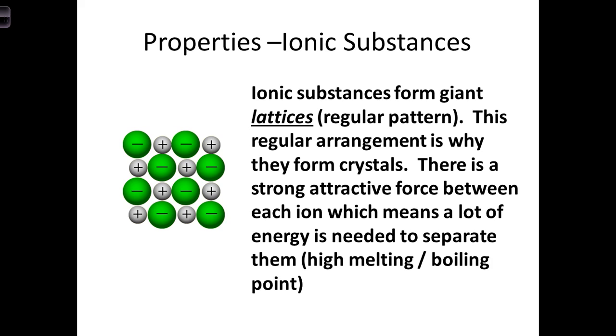They're very happy being surrounded by members of the opposite charge. If they started sliding past each other, sometimes two positives or two negative ions would come closer together, and there's a force repelling them, while they're very much attracted to the opposite charge. So those strong forces between the ions mean they have a high melting or boiling point.